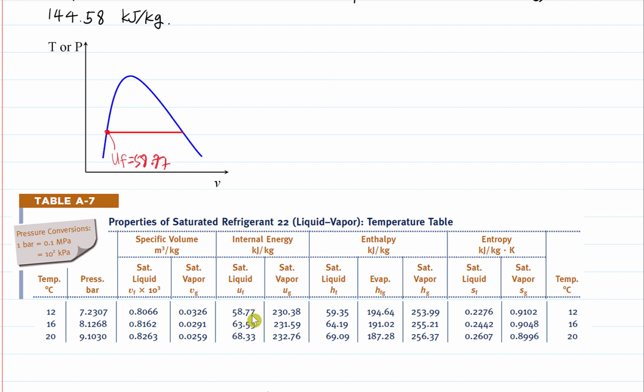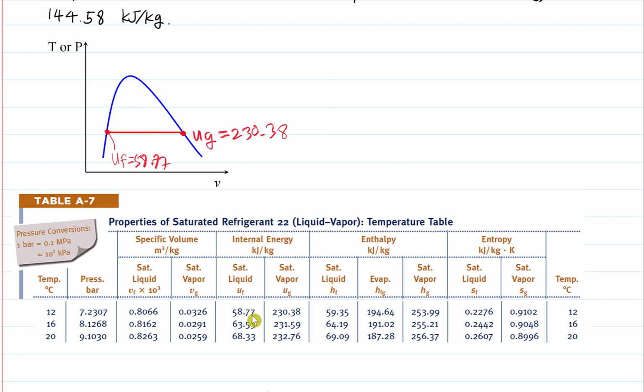At saturated vapor, the point sits at the saturated vapor line, and ug, internal energy at saturated vapor, is 230.38 kilojoule per kilogram. But the given internal energy is 144.58.